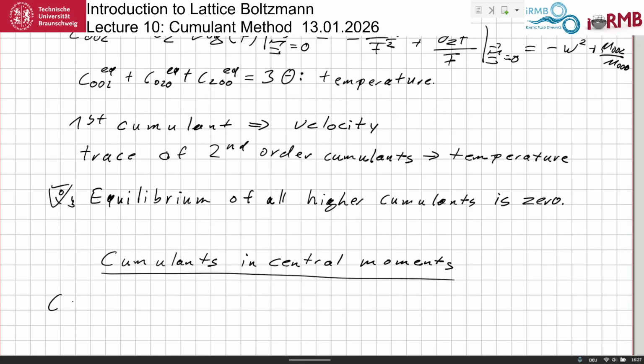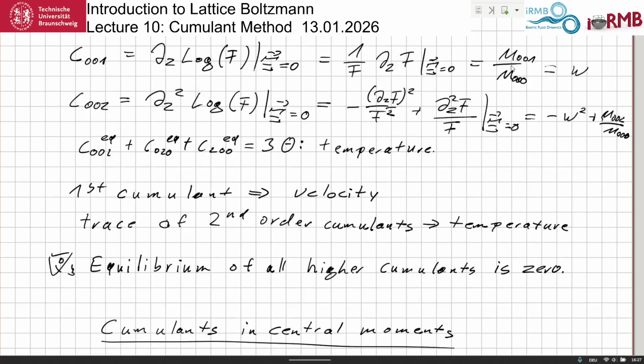Okay, so what we are going to do is we look at the change. Maybe I should say this here. Using this method of the chain rule, we find how we can write cumulants in terms of moments.